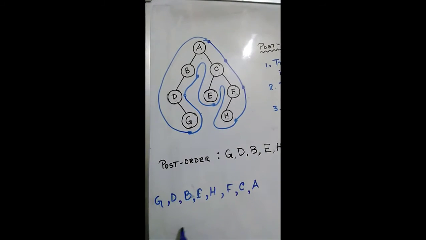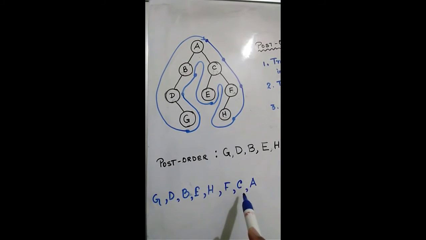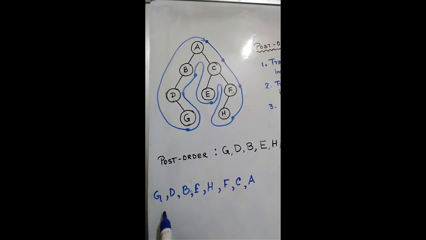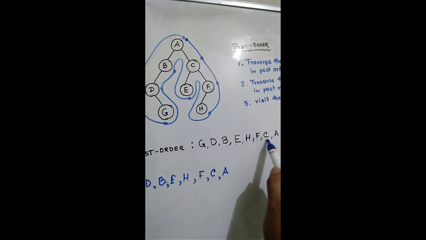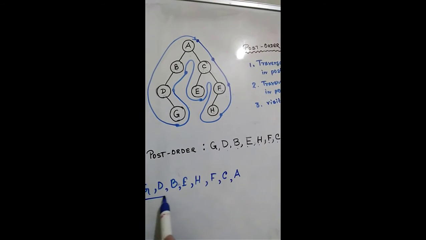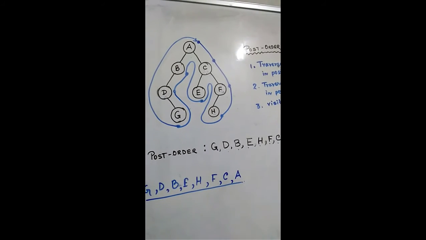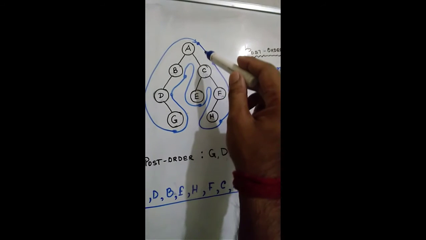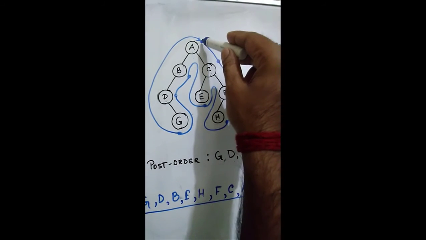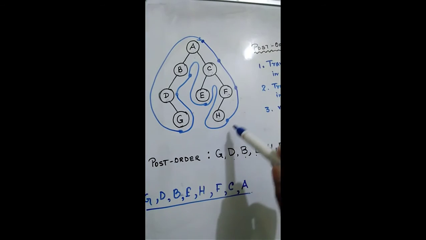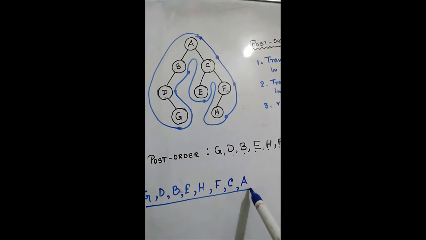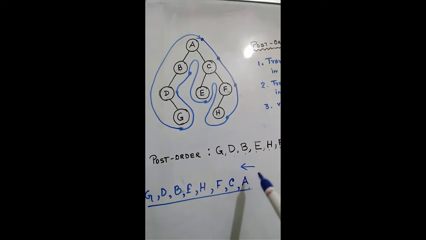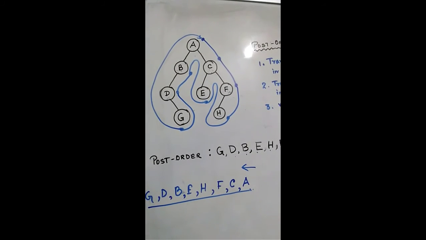So here this is the post-order traversal that we have visited: G, D, B, E, H, F, C, A. We are starting from A and moving in this direction, and we have to start writing from the right-hand side and move towards the left, writing the other nodes.